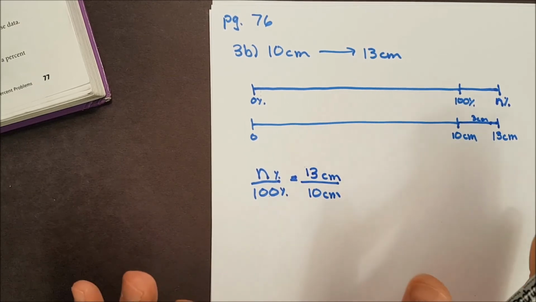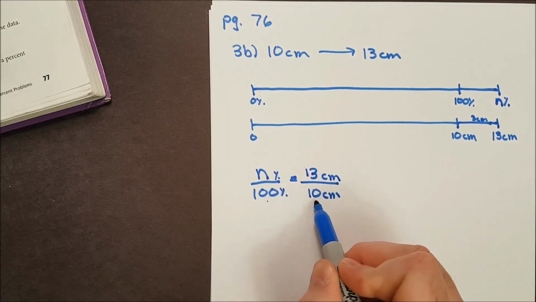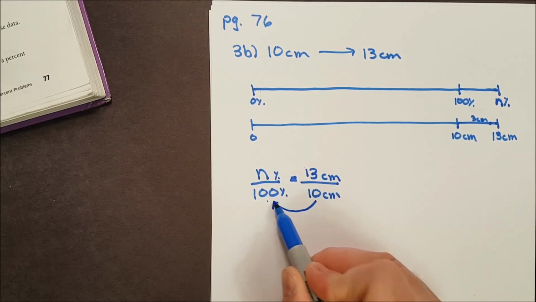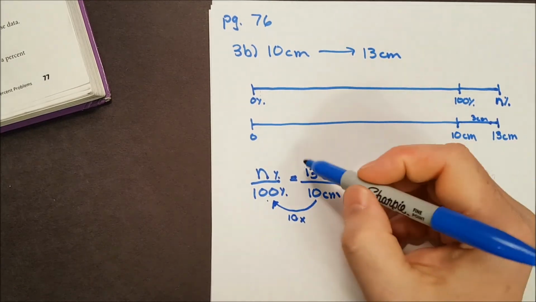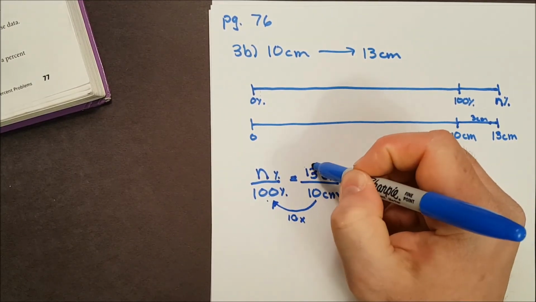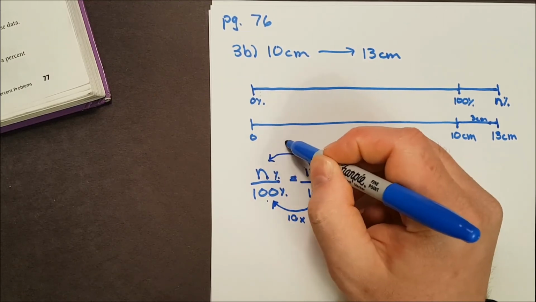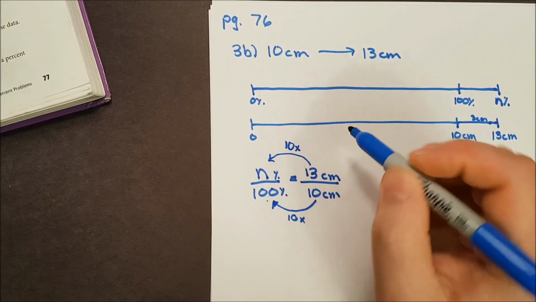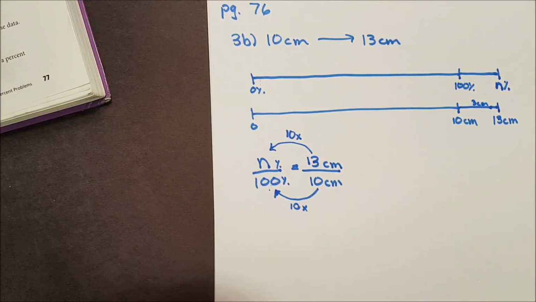Now, we can solve this really quick with inspection. What did we have to do to 10 to get to 100? Well, we had to multiply by 10. And whatever we did to the bottom, we need to do to the top, so 10 times. So we know right away that this n's going to be 130%.